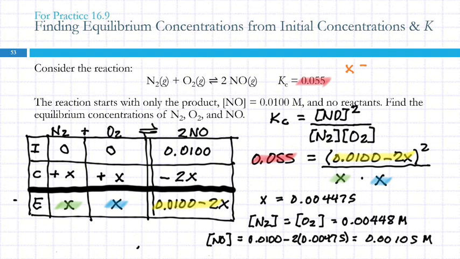So what was the x that you got? 0.005664. Like that?